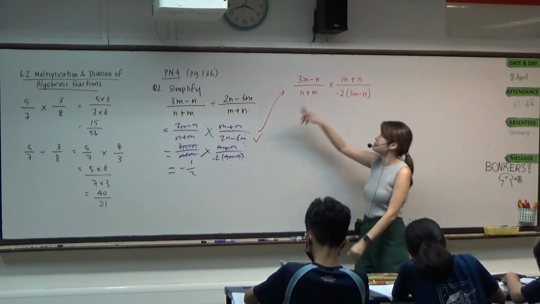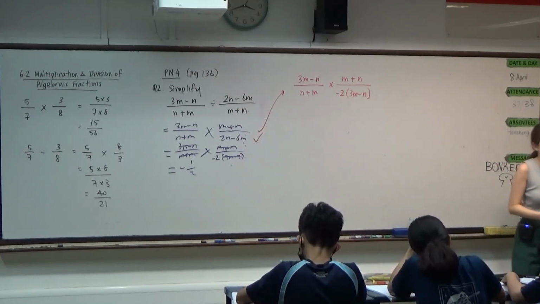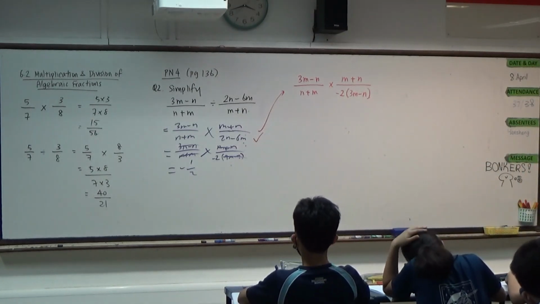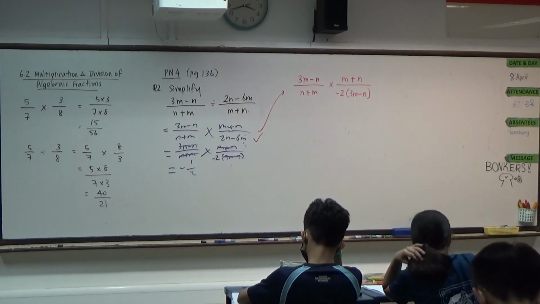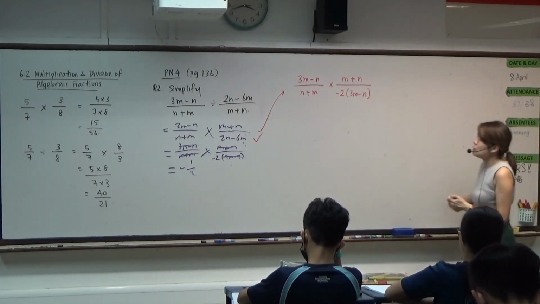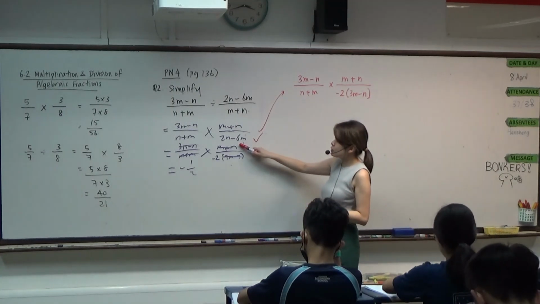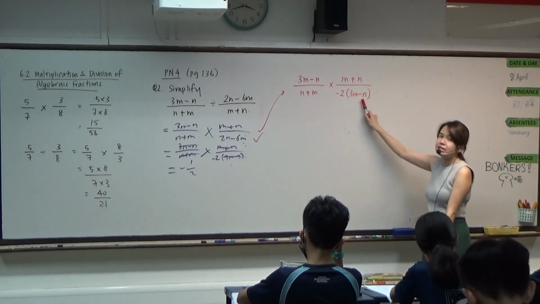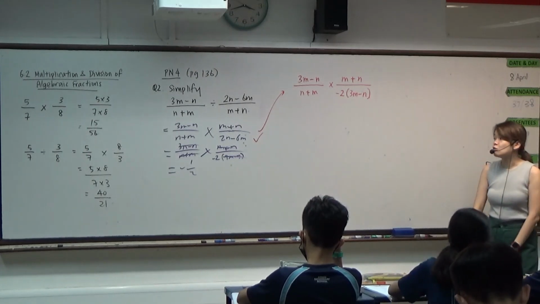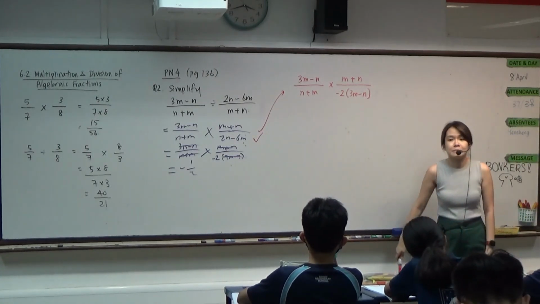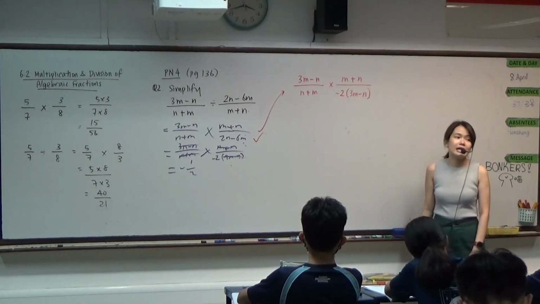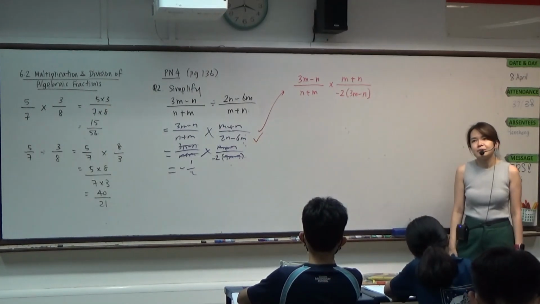After this step, this is what he wrote before he did all the cancellation. Let's try to understand why he wrote what he wrote. From this step here, 2n minus 6m, instead of factorizing out 2, he decided to factorize out negative 2. Why did he do that? I don't think it is very conventional.